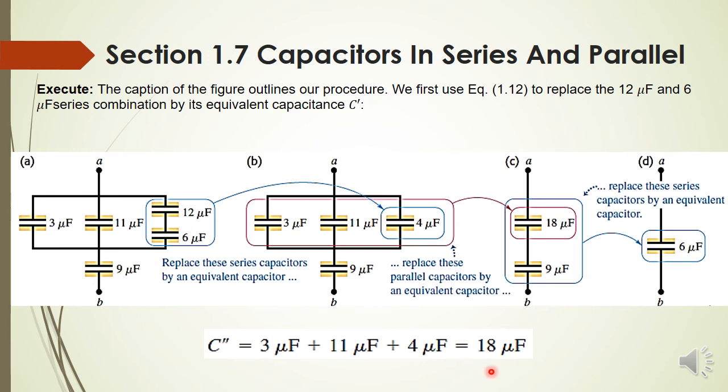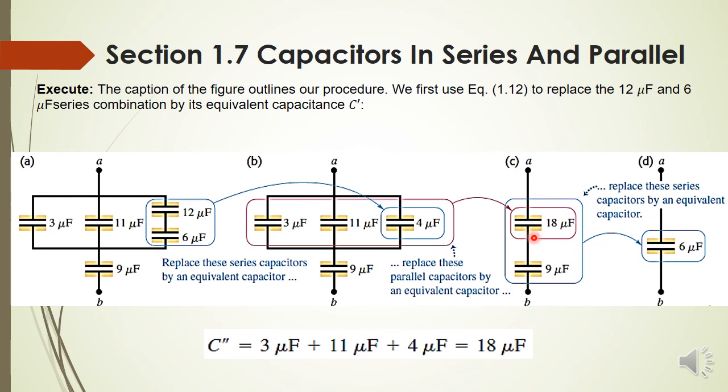Okay? When you're computing an equivalent capacitance in parallel, it's just a combination of the connections. So, 3 plus 11 plus 4 is equal to 18 microfarad. So, the combination of the 3 capacitors is equal to 18 microfarad capacitance.